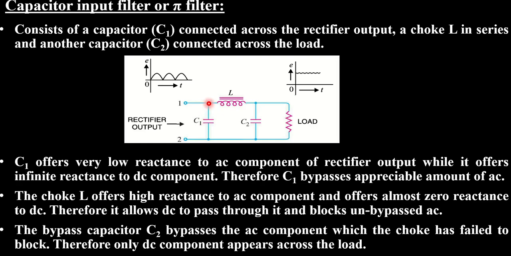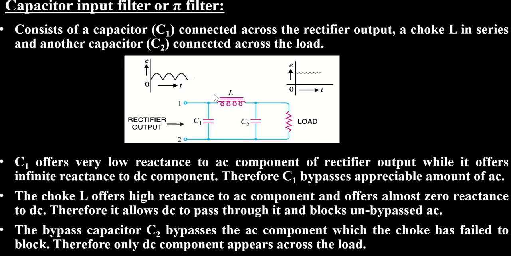So the AC will flow through C1 and DC will continue its path to the inductance L. Still, the voltage or the current which is coming towards the inductor will have a DC component as well as a little AC component which failed to be bypassed by the capacitor C1.